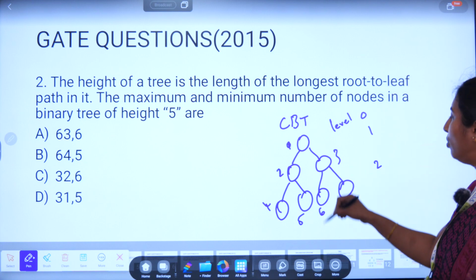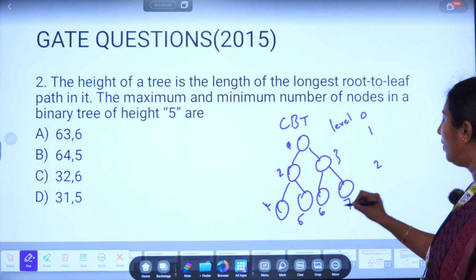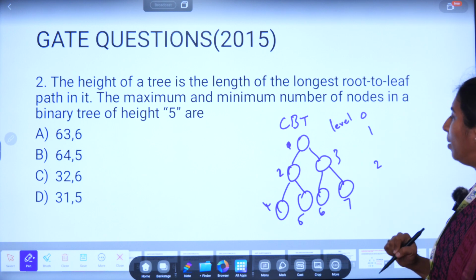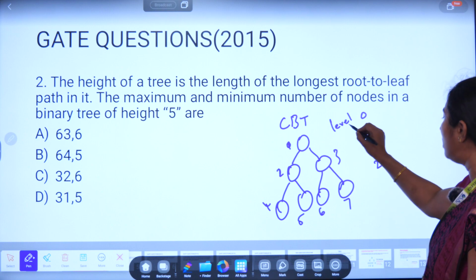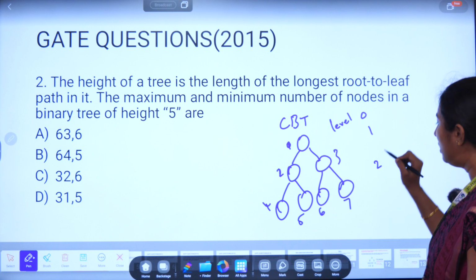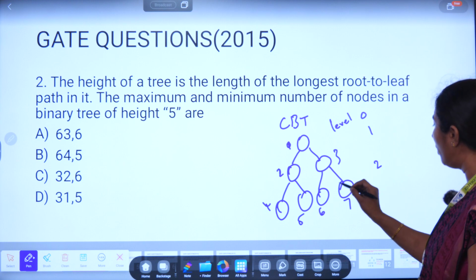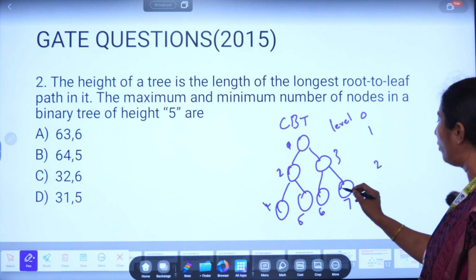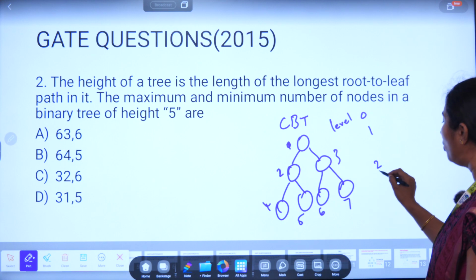So how many nodes are there in level 2 of your binary tree? We can have 7. The maximum number of nodes we can have if the tree level is 2 is 7.